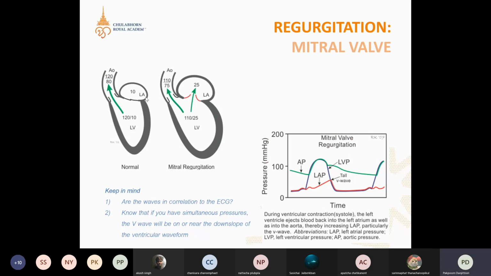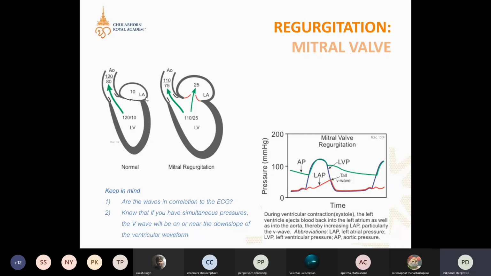Next, let's talk about mitral valve regurgitation. Imagine we are focusing on the systolic phase, right? Because you will see mitral valve regurgitation while the left ventricle is contracting or pumping out the blood, and there is some blood going back into the left atrium.